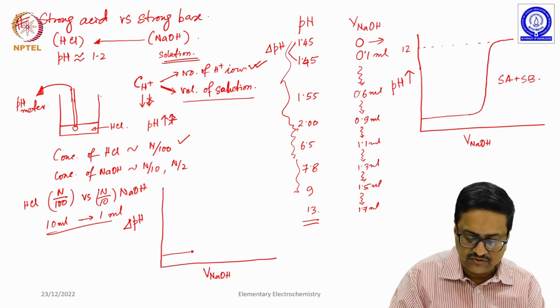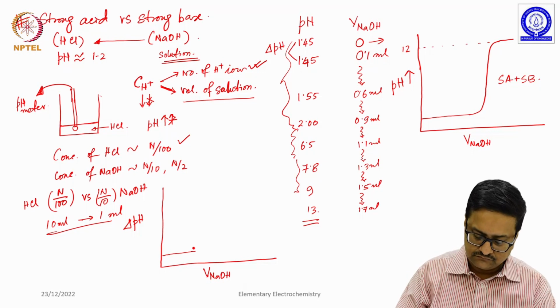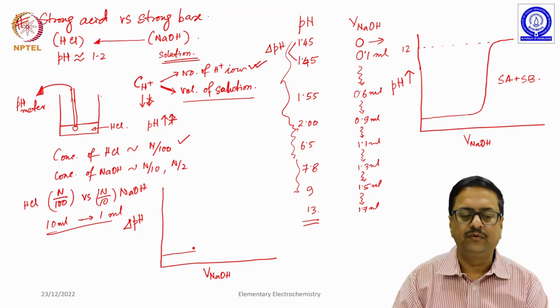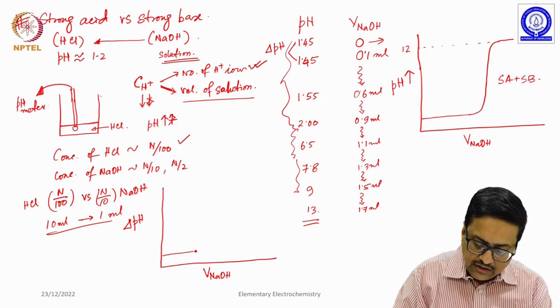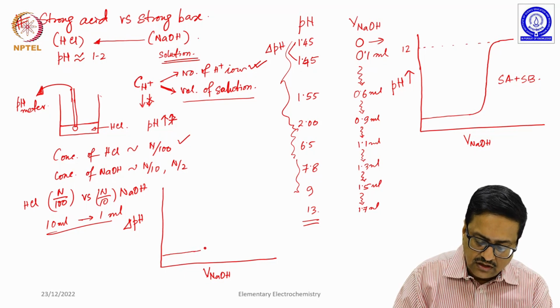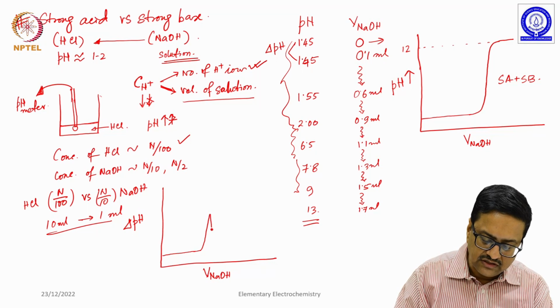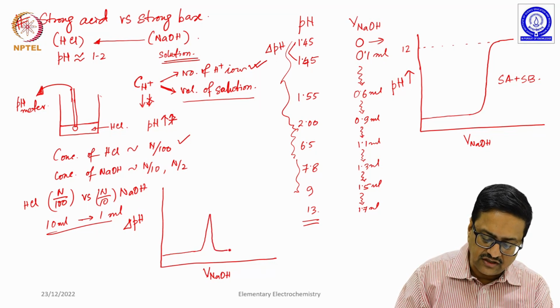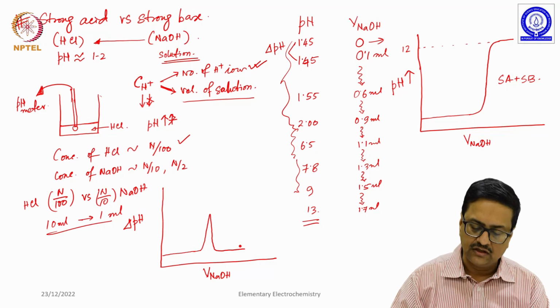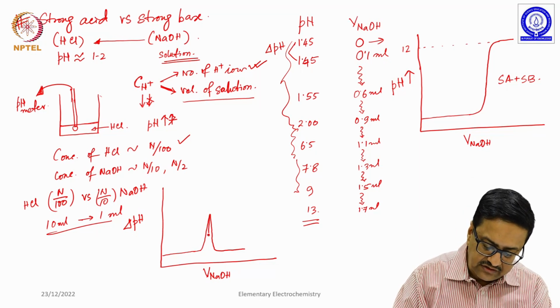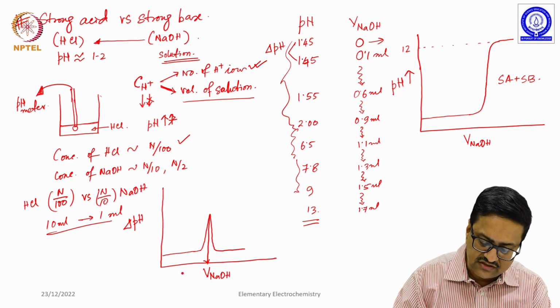It may be flat, very close to 0 or 0.01 or 0.02, something like that, and then near the equivalence point it will show a peak, it will come down, and then again there will be no difference. So, wherever it reaches a peak, that volume of NaOH is your neutralization point.